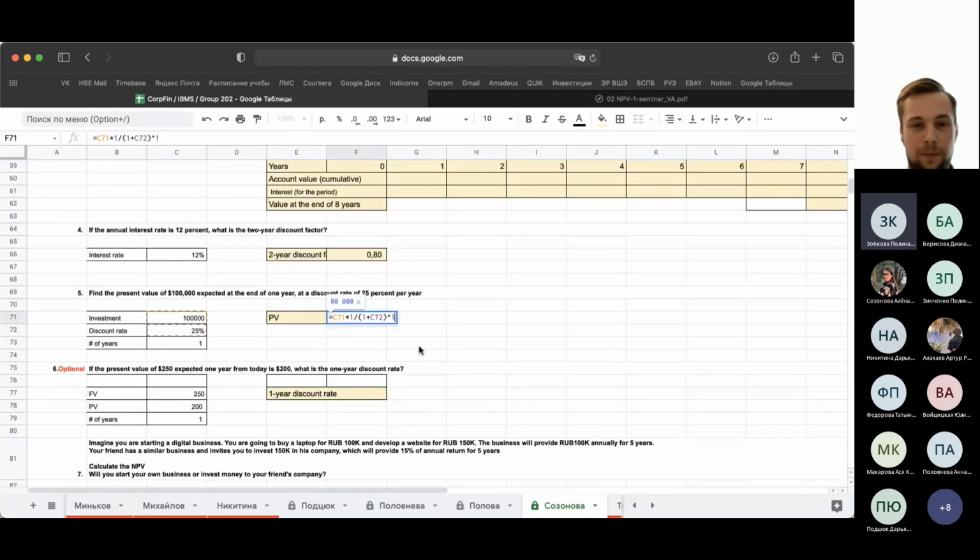So we have a discount factor here. It's 1 divided by 1 plus the discount rate, raised to the power of 1 year. And we should multiply the expected investment value at the end of the year by this discount factor.